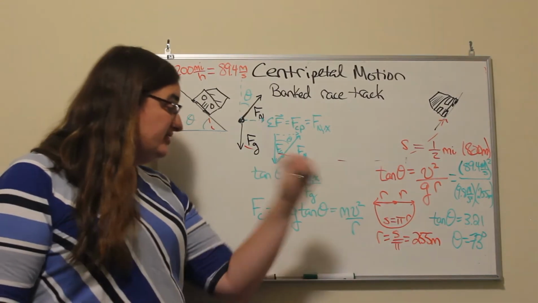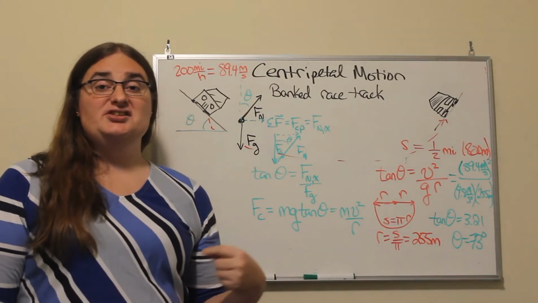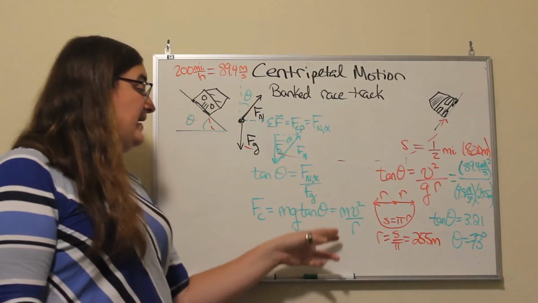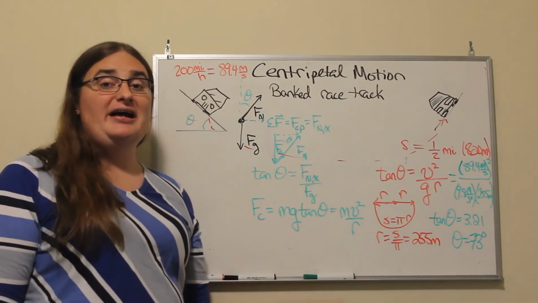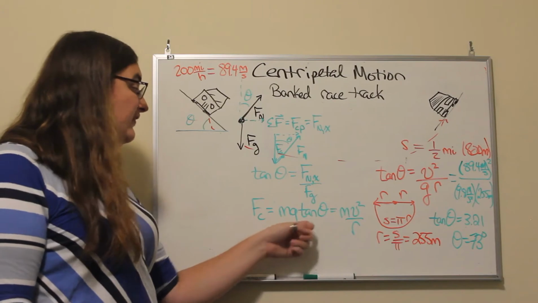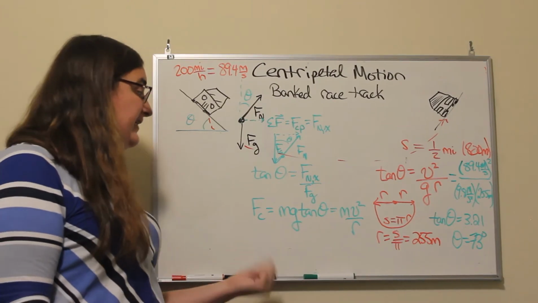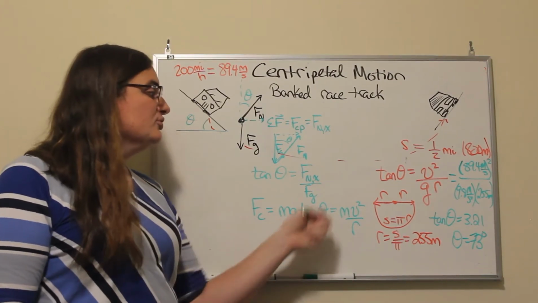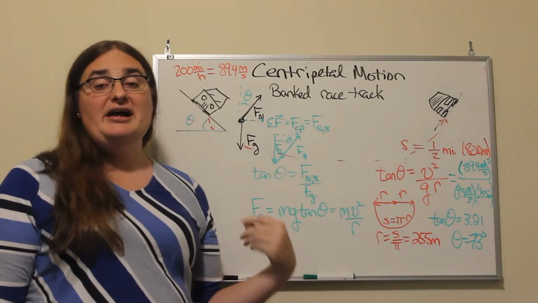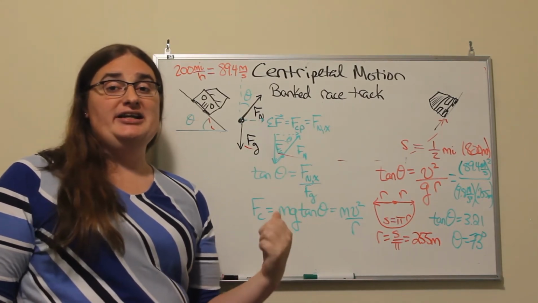And since with centripetal force, the size of the force is the mass times the speed squared divided by the radius of the turn, then the tangent of the banking angle is going to be equal to the speed squared divided by the strength of gravity and the radius.